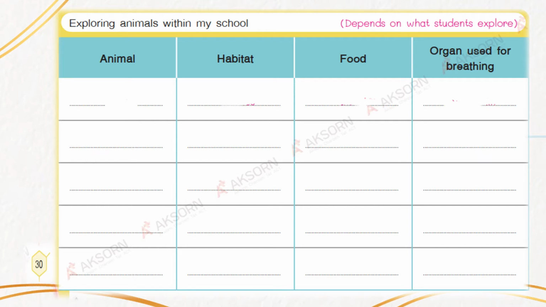We have animals, habitat, food, and organ used for breathing. I put the example there. The first example is frog and puddle. Next is insect, and the last is nose or skin. Again on page 30, record your data. Do you follow, everyone? Excellent. So let's move on.